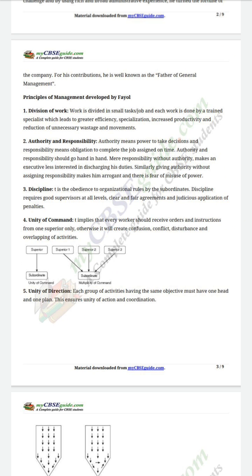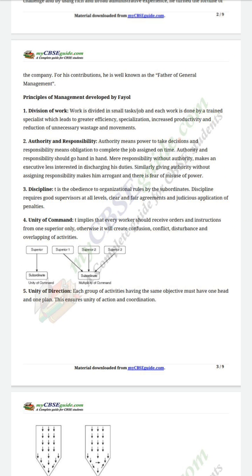You have to analyze which principle is followed. For example, if in any one of the case studies they explain the name of the concern and what type of activities are carried out, and some of the features, and they are following some principles and rules in that organization, and they ask you to find out which type of principle is followed, you have to explain the important features of that principle.